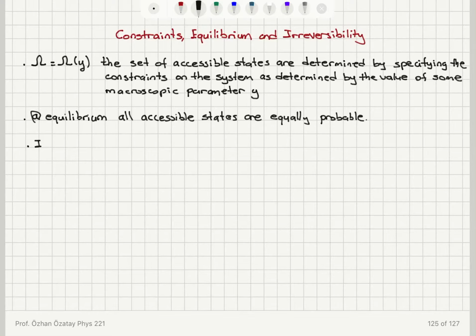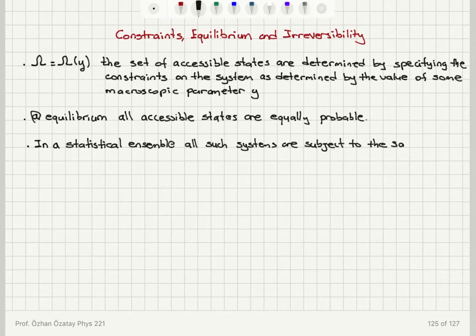So this is another important point: in a statistical ensemble of systems, all such systems are subject to the same set of constraints.